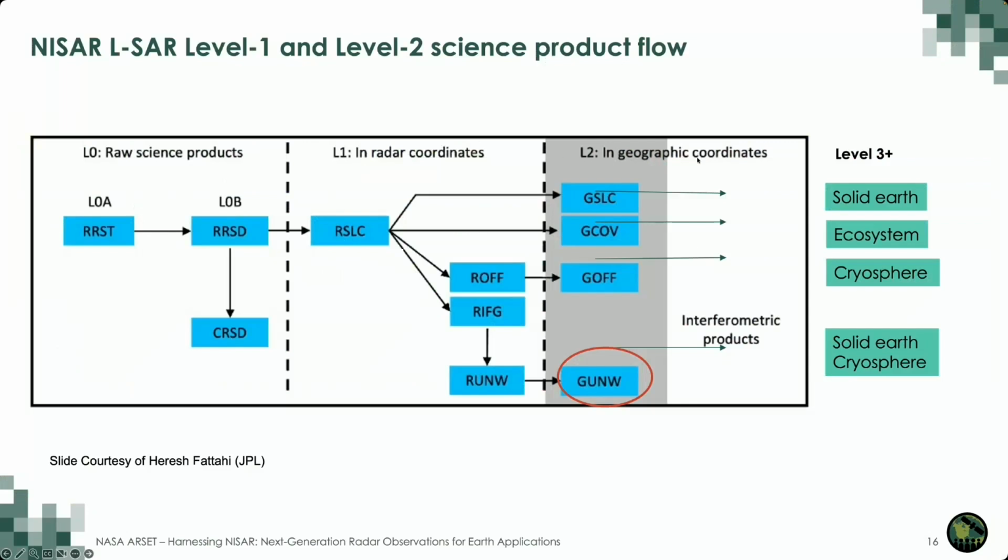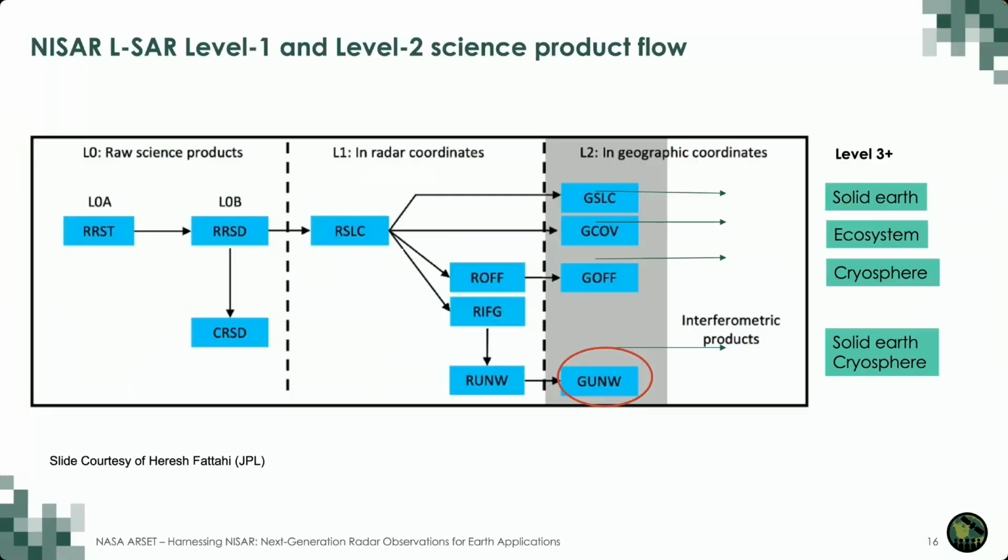The level 2 products are all in geographic coordinates, so they're geocoded. The first one is a geocoded single look complex image. This is a new data type that is, as far as I know, not been produced by any other satellite mission, although the Opera project at JPL has been reprocessing Sentinel-1 data to a similar product that they call the co-registered SLC, co-registered single look complex, as a post-processed product from the original ESA data products.